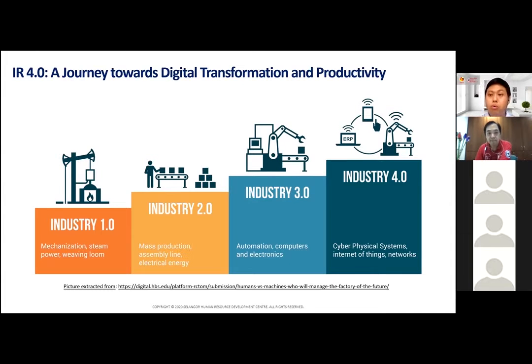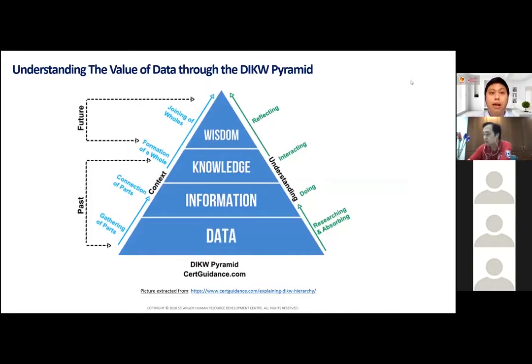So through Industry 4.0 technologies, you are able to understand what your machines are trying to tell you and what the overall data and trends are trying to tell you in terms of your production productivity.